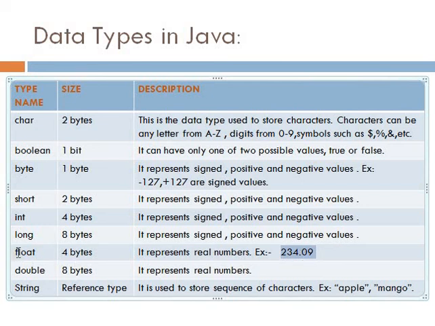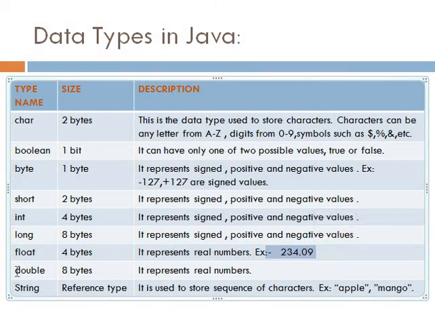But if we consider the float data type, it can represent the signed positive and negative values, such as minus 127, plus 127, as well as the real numbers, which is in the form of decimals, like this number, 234.09.